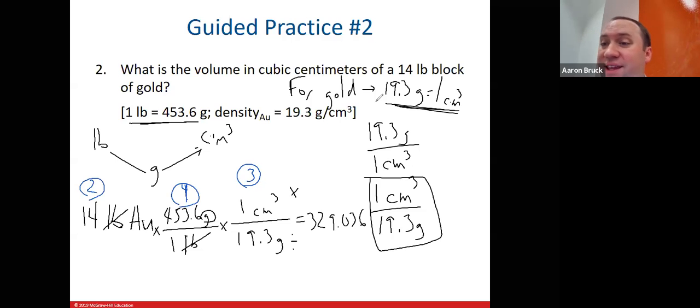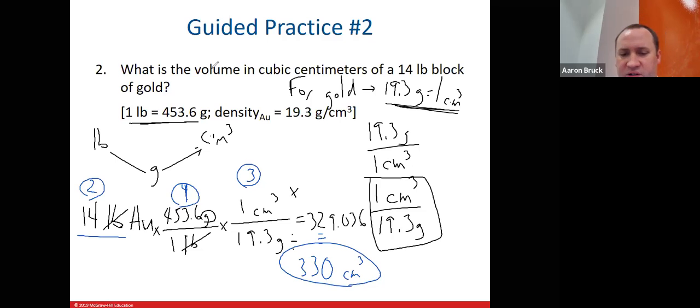Again, I'm limiting sig figs. So the measurement with the fewest sig figs is the 2. So I need to round to the second significant figure. 330 cubic centimeters is my answer.